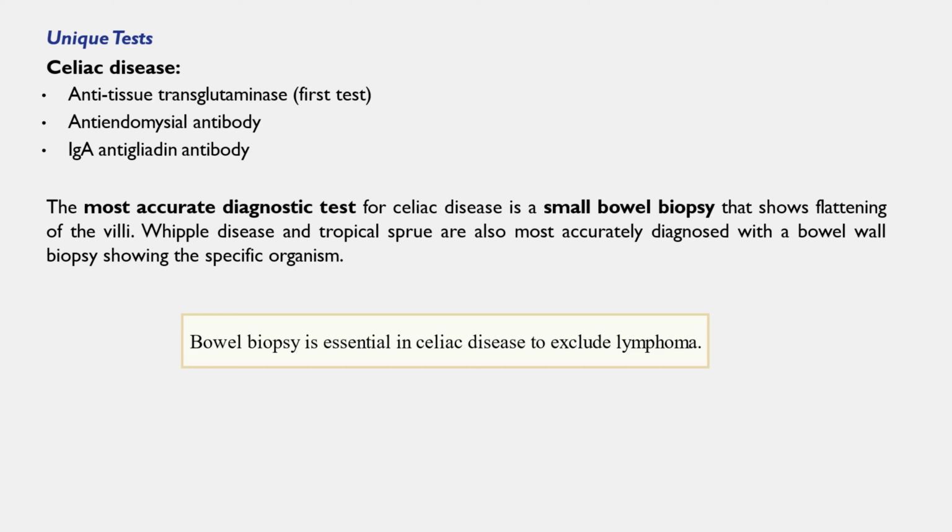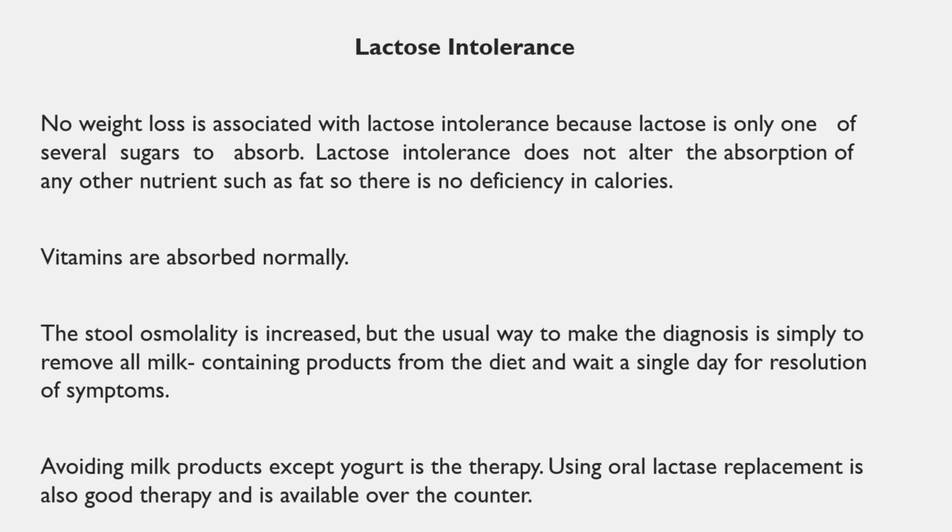For Whipple disease and tropical sprue, the most accurate diagnostic is also bowel wall biopsy showing a specific organism. Here's the clinical tip, which states that bowel biopsy is essential in celiac disease to exclude lymphoma. Let's go to the next slide.